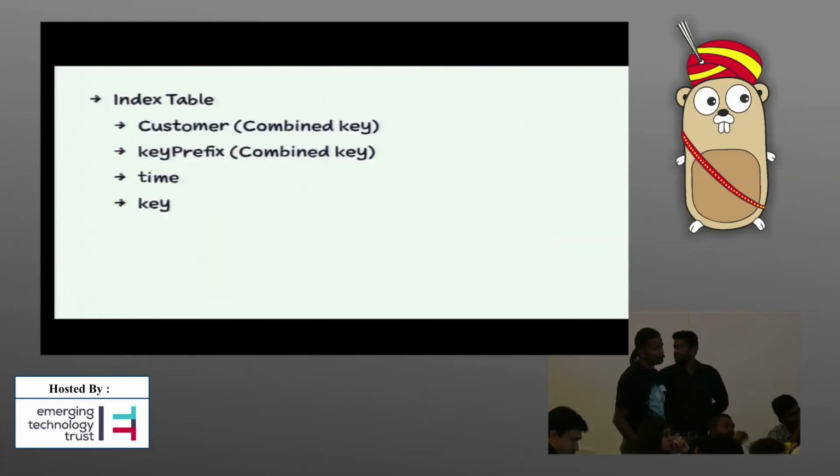I skipped over it because I was a bit low on time, but basically we have a table that is a kind of prefix lookup, and we keep an index table of the prefixes to the metrics, so that we can find out all the available attributes that a metric will have.